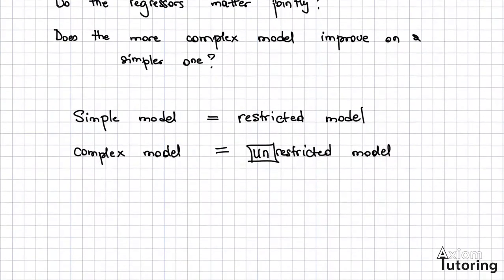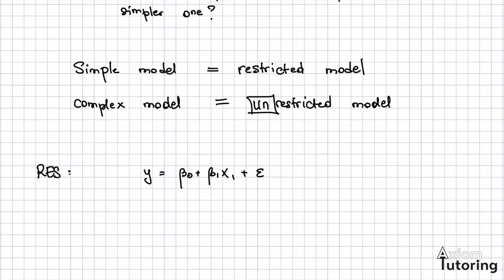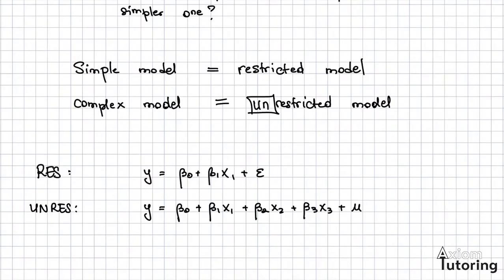How to show that more practically? Well, suppose that you have a very simple model. This would be your restricted model: Y equals beta null plus beta 1 x1 plus an error term epsilon. The unrestricted model would look something like Y equals beta null plus beta 1 x1 plus beta 2 x2 plus beta 3 x3 and then an error term u.